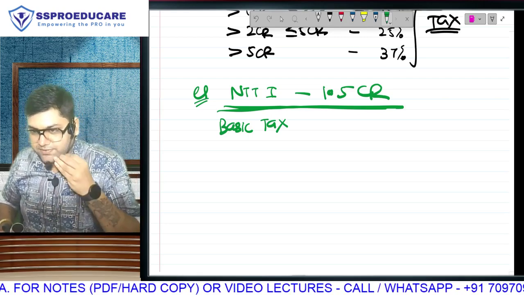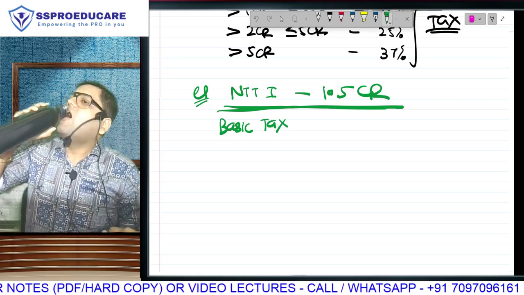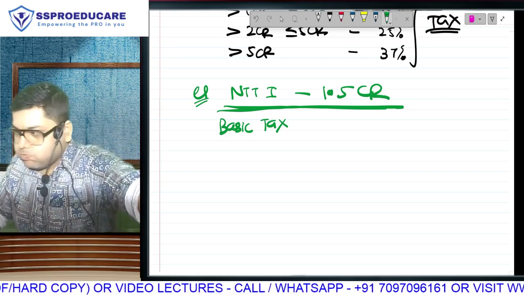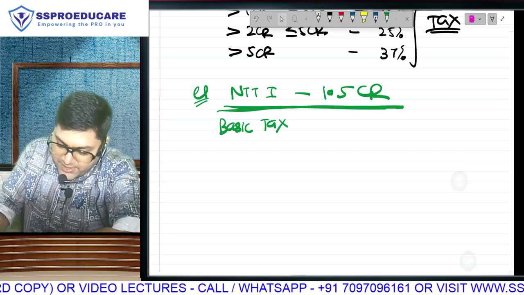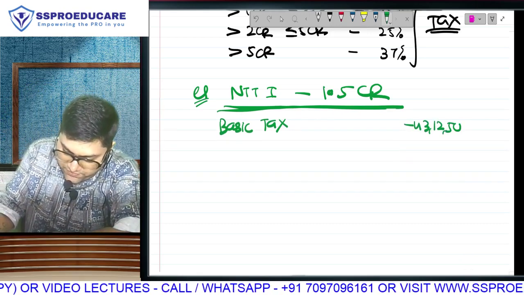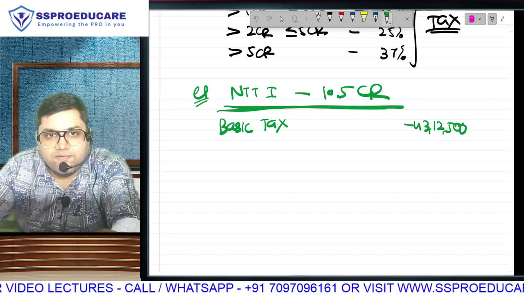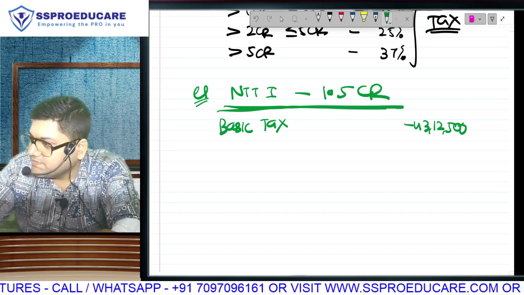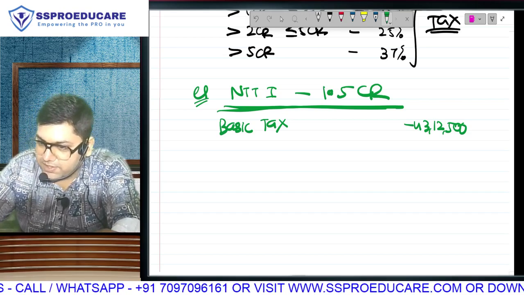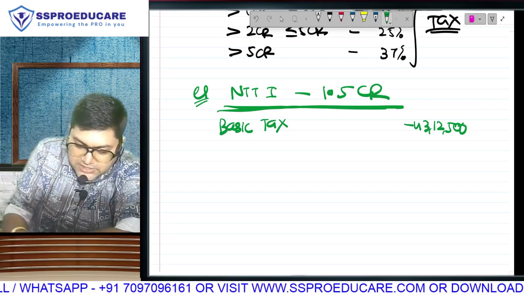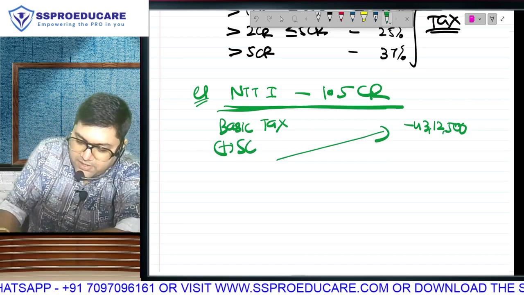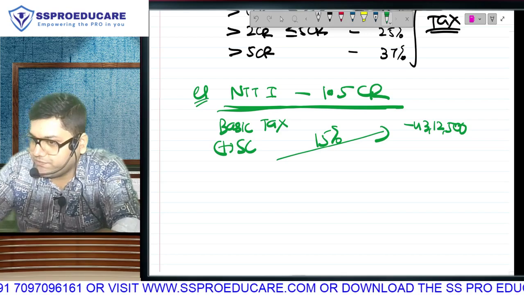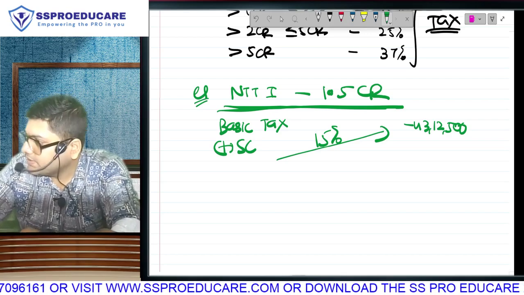The answer is 43 lakh 12,500. Sir, how? 30% of 1 crore 40 lakh is 42 lakh, plus 1 lakh 12,500 makes it 43 lakh 12,500. Correct? And on this 43 lakh 12,500 we will apply surcharge of 15%. Surcharge will always be calculated as a percentage of basic tax. Is this clear?